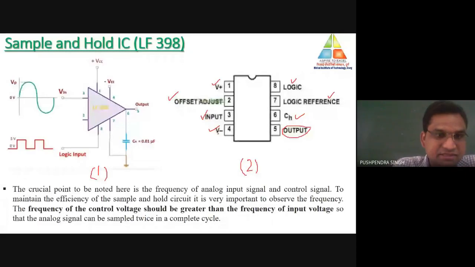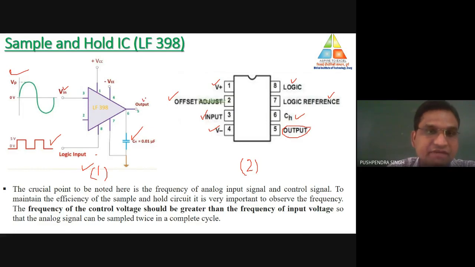On the left hand side of this figure, it is easily detectable that with the help of pin number 3, we are supplying the input sinusoidal waveform. So pin number 3 is for input signal. With the help of pin number 8, we are supplying the logic input. Pin number 6 is connected with the holding capacitor. With the help of pin number 5, we are getting the output.